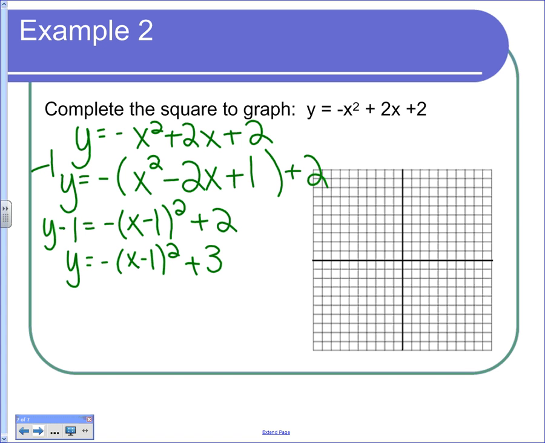What is our vertex? X minus h. X minus what? 1. So our h is 1. And our k is 3. Does it open up or downward?